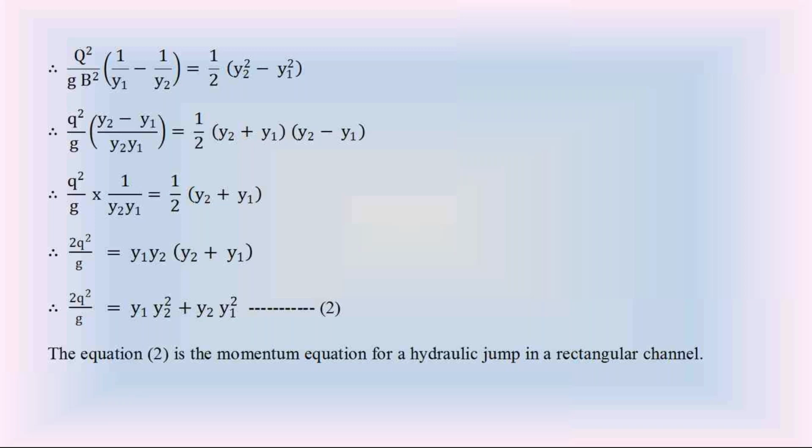By substituting them in that specific force equation, you get this equation 2. So in the rectangular channel in a hydraulic jump, 2q square by z is equal to y1 into y2 square plus y2 into y1 square. Up to this equation 2.